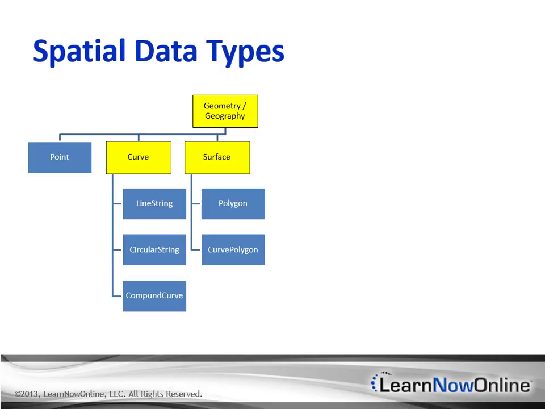And then the one difference on this chart between the geometry and geography type is the full globe. That's why I have that in a little fainter color with the dashed line, because it only applies to the geography data type. This represents the entire surface of the Earth. In SQL Server 2008, which first introduced the spatial types, a shape on the surface of the Earth couldn't be larger than half the globe.